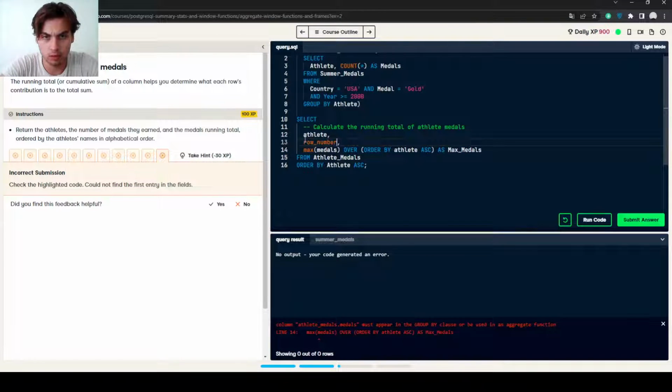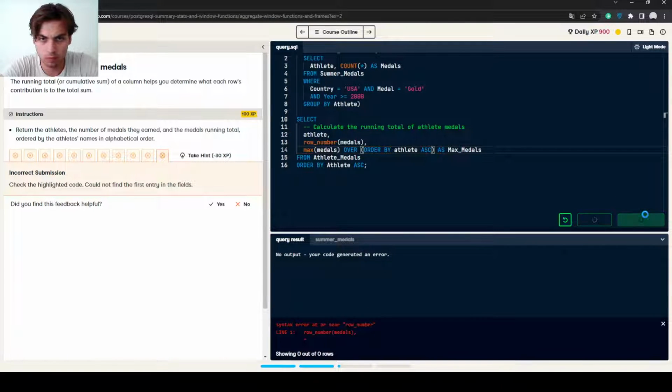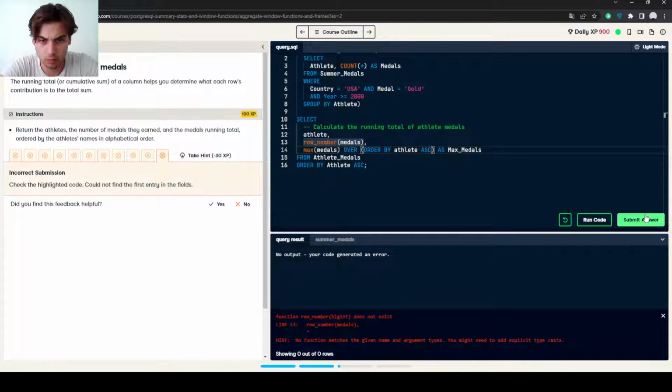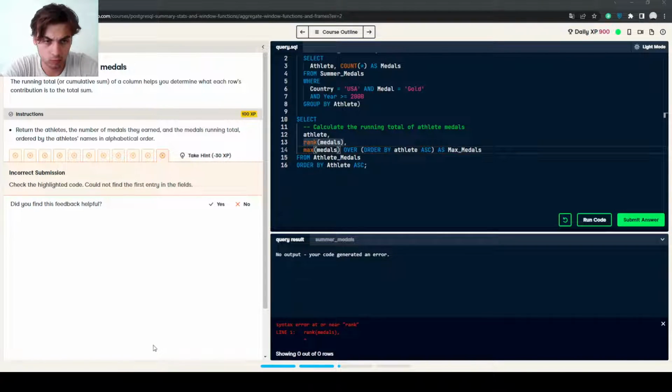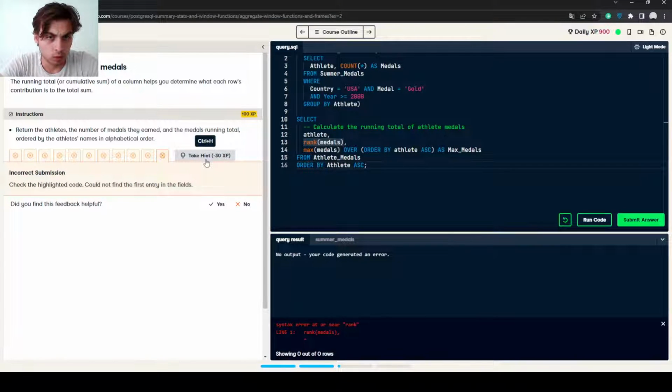Row number. Medals. Some column with over.